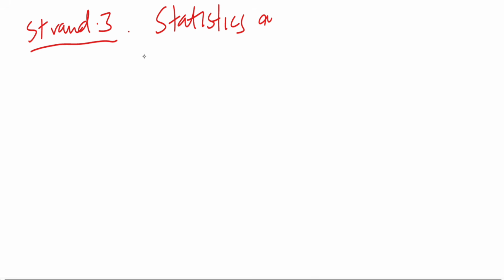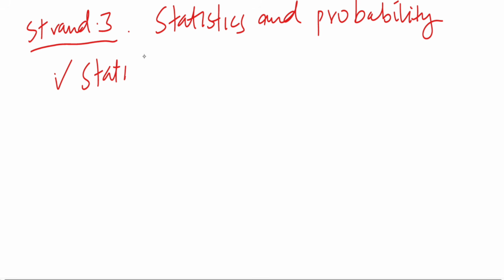As for strand 3, sawa, kwa walimu ambao waona hii video nadhani itawafaidisha sana. As for strand 3 is on statistics, and probability. Statistics and probability. Statistics ambao labda nyi mwajua, obviously you'll be taught on statistics again.